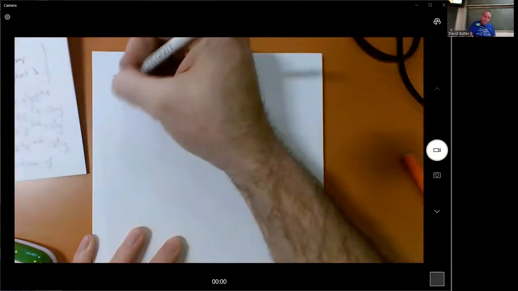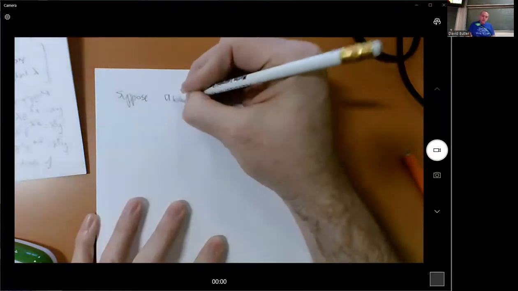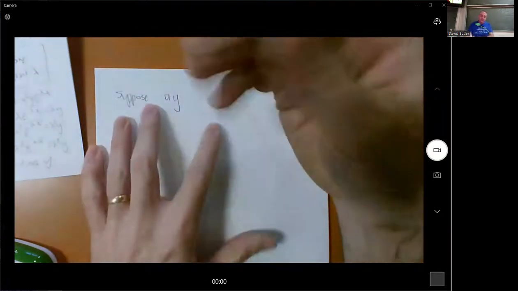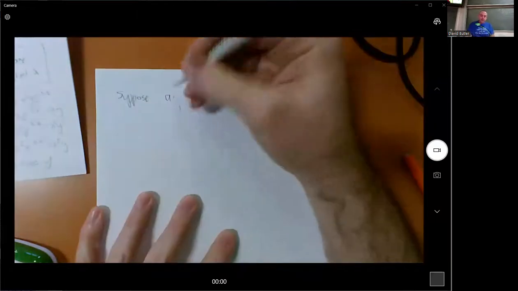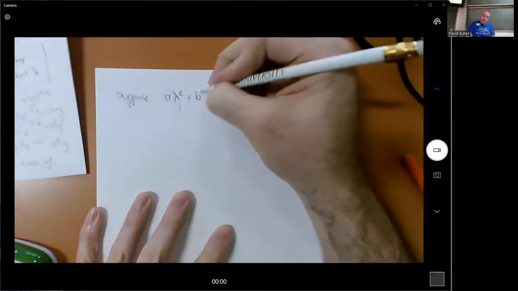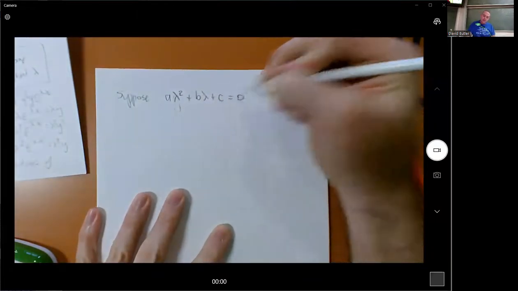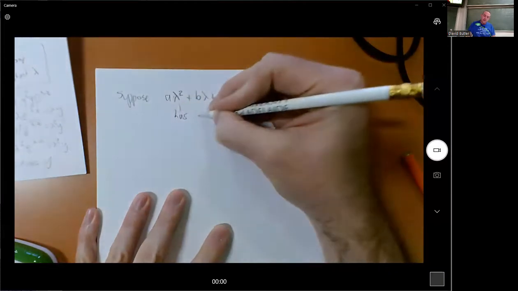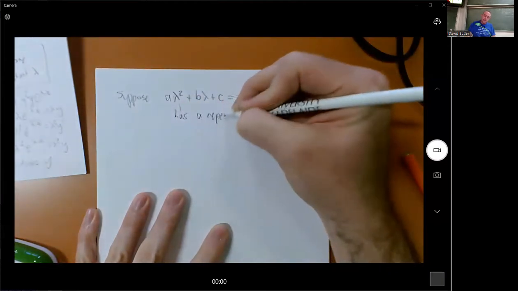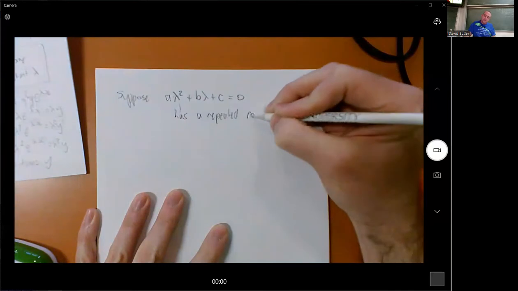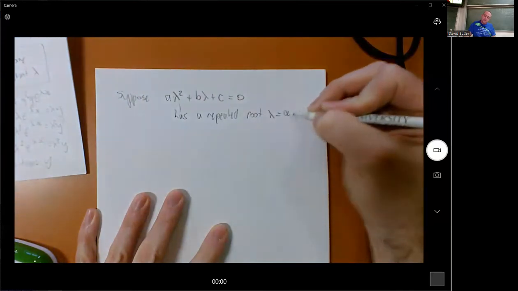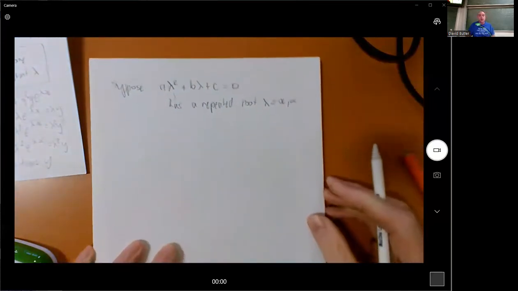So suppose A lambda squared plus B lambda plus C equals 0 has a repeated root of lambda is alpha and alpha. Here we go.